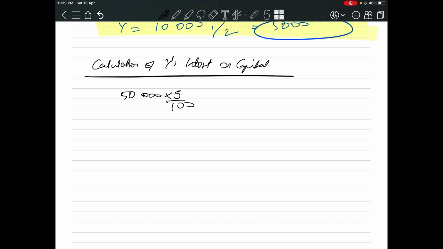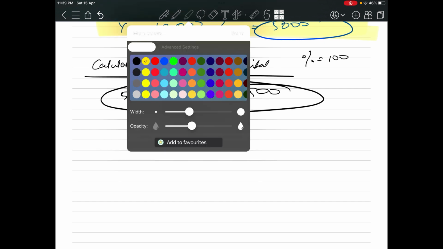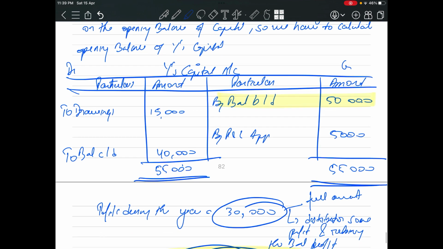For those who don't understand this, you can write 5 divided by 100, which simply means 5%. So what will be the amount? 50,000 into 5% will be 2,500. So the amount of interest will be 2,500. This is our final answer.